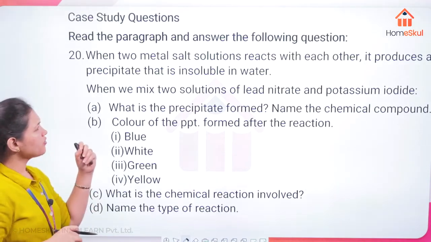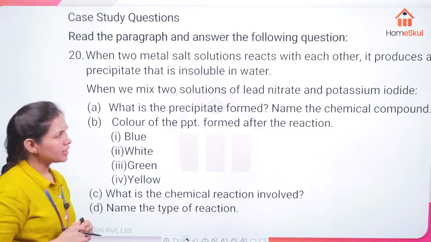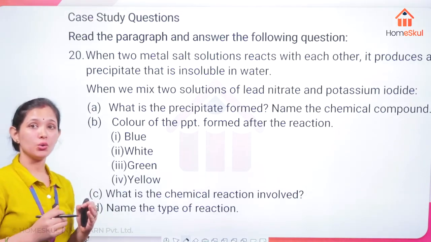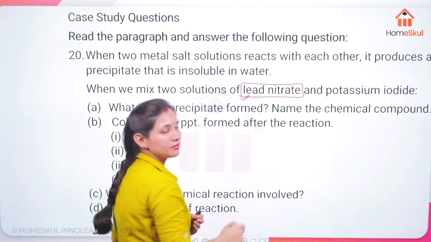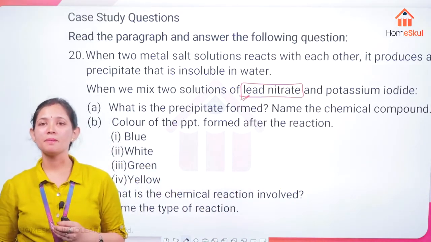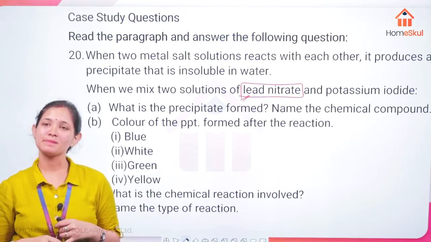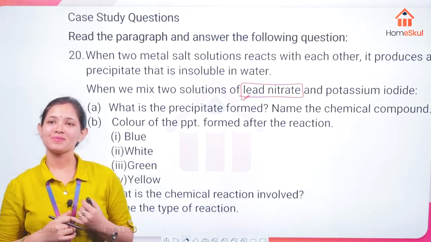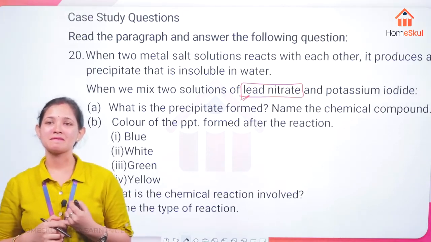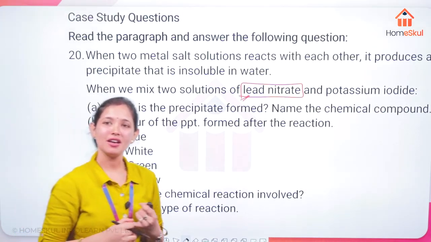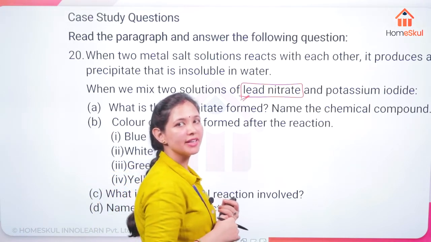So when we mix two solutions of lead nitrate and potassium iodide, will you please tell me the formula of lead nitrate? Lead nitrate formula? Pb(NO3)2. Very correct.